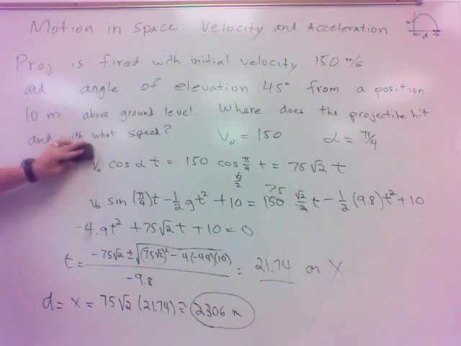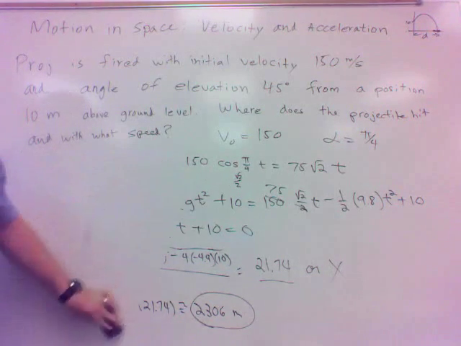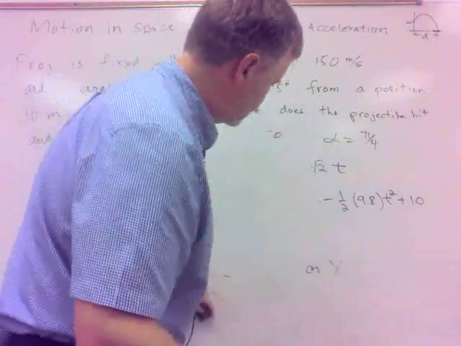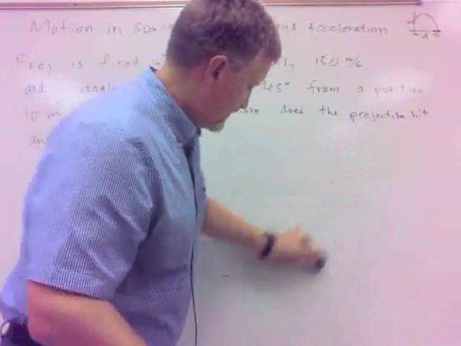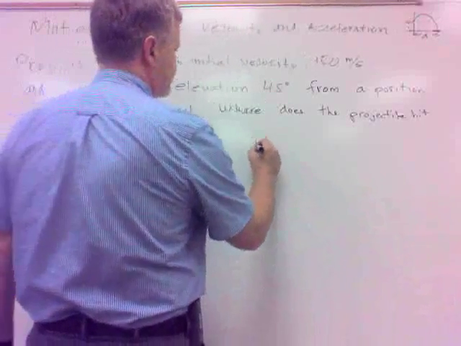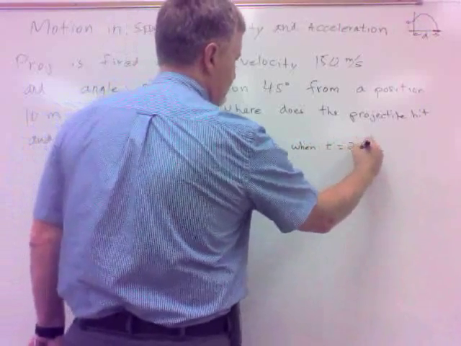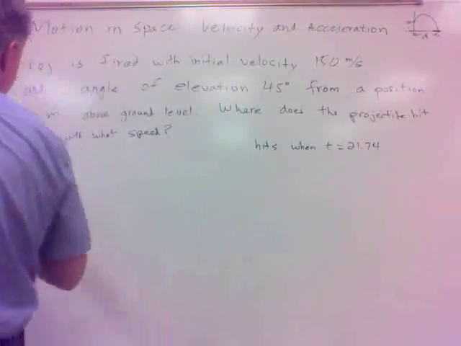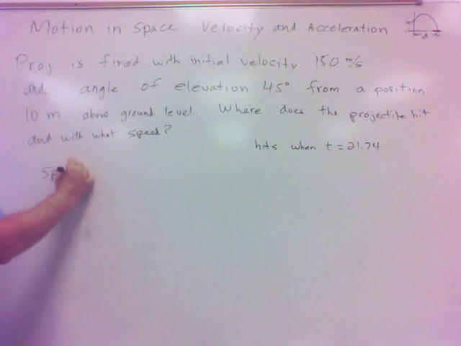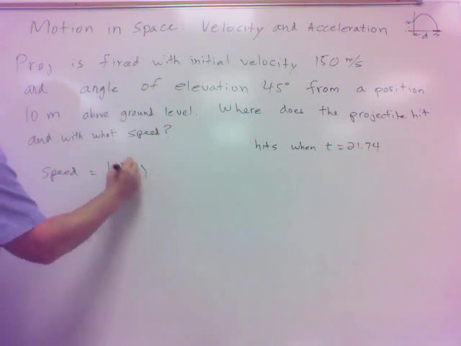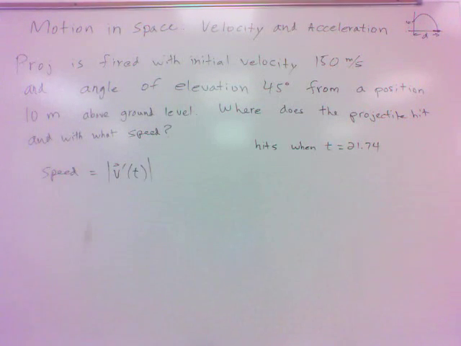All right, now the other component to this was what was the speed that it hits, and really the only thing we need out of that is the time. t was 21.74, because our speed is going to be the magnitude of our velocity vector at that particular time. So we just need to come up with the velocity vector.